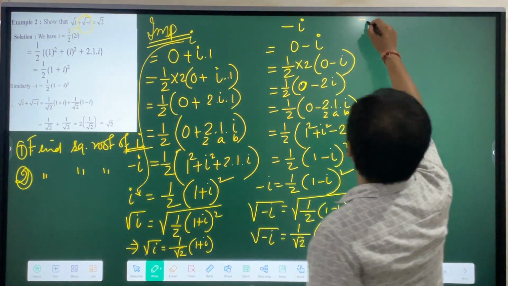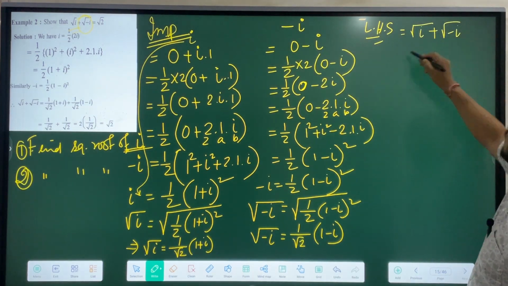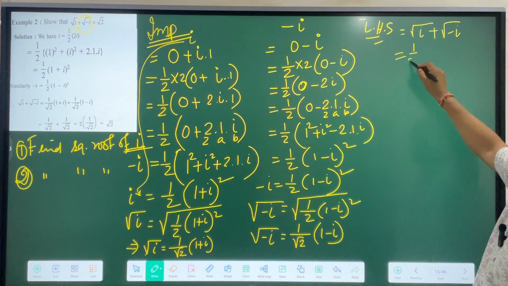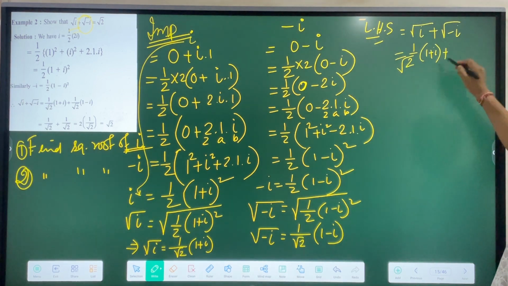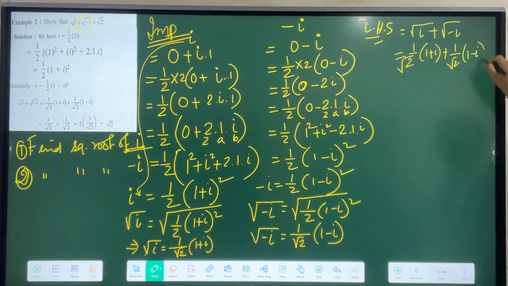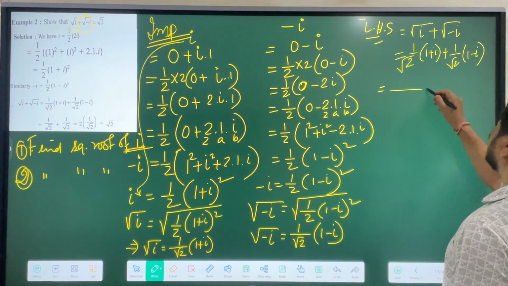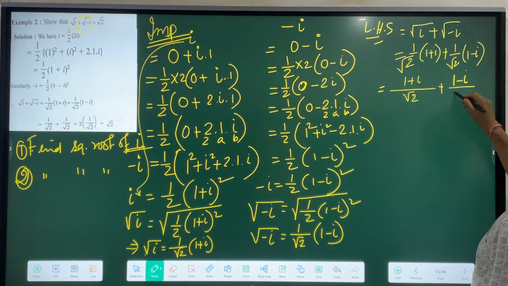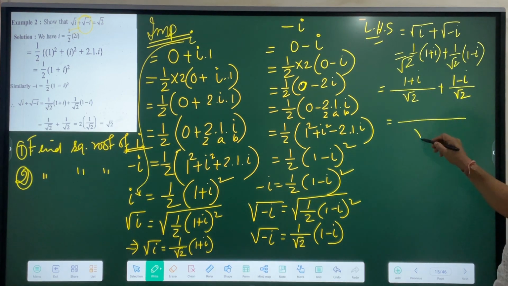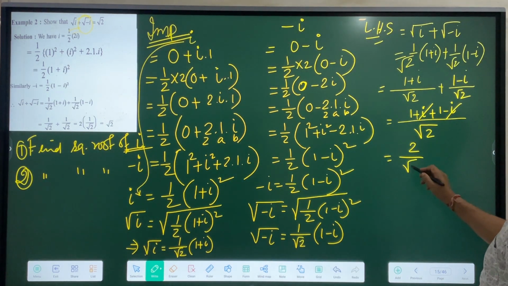So the left hand side is equal to the square root of i plus the square root of minus i. The square root of i is 1 by root 2 into 1 plus i. The square root of minus i is 1 by root 2 into 1 minus i. So root 2 is the LCM: 1 plus i plus 1 minus i, over root 2, that is 2 by root 2.